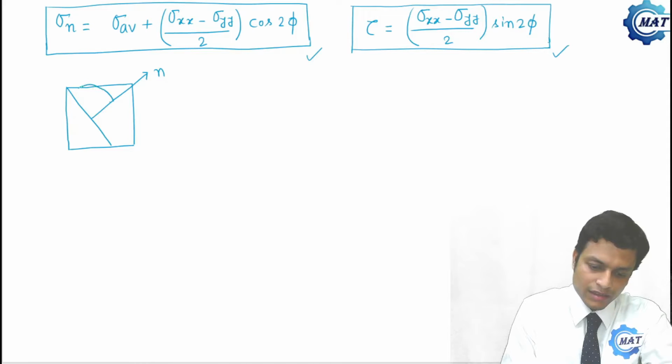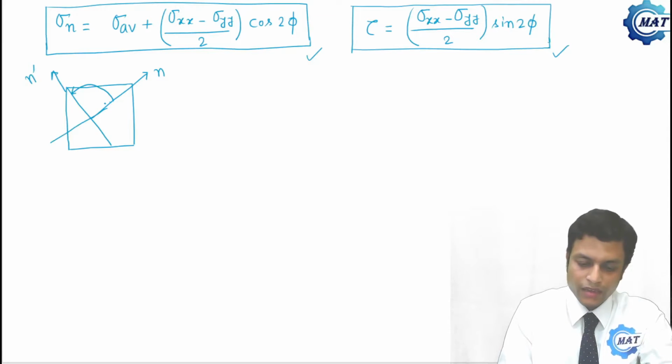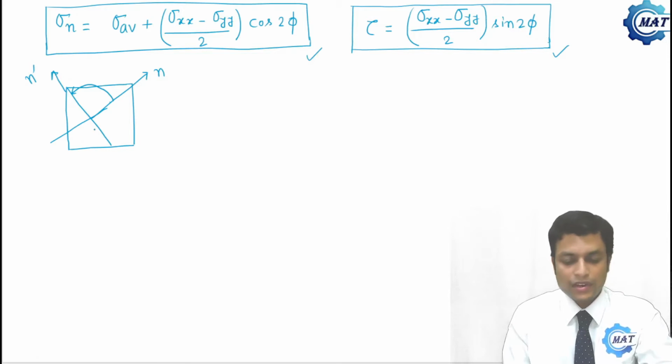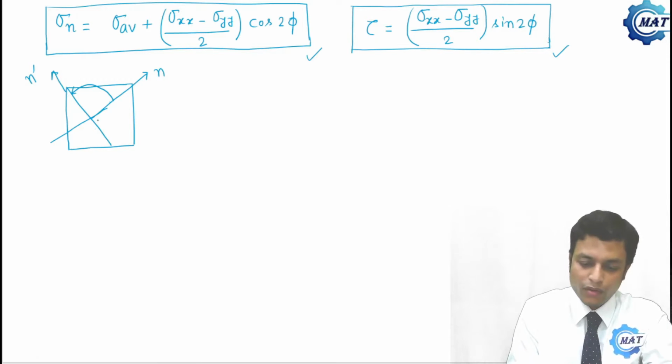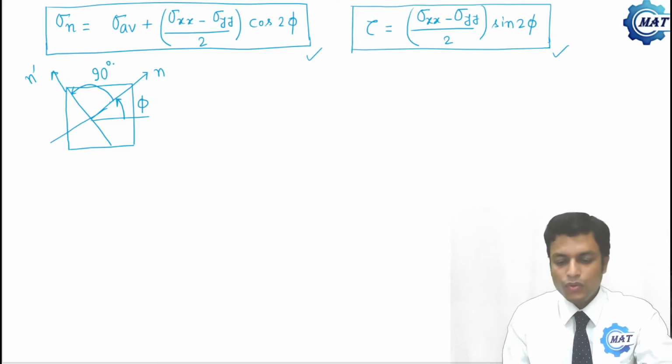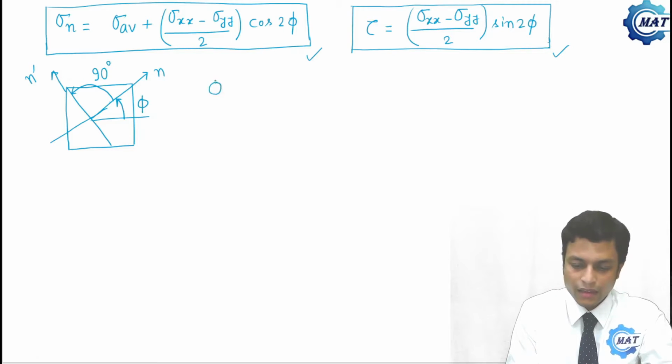Say this is the 90 degree, so this is N prime. So on this plane, what will be the stress value on the plane mutually perpendicular to that arbitrary plane? What will be the value of phi if this was phi and this is 90 degree? So we have to replace phi by phi plus 90 degree.